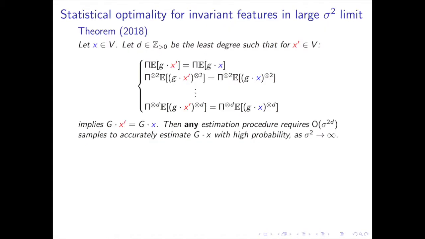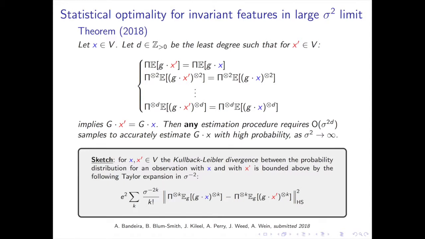This is a theorem telling you that invariant features is a good thing to do. It's in a paper with Afonso Bandeira, Ben Blum-Smith, myself, Amelia Perry, Jonathan Weed, and Alex Wein.